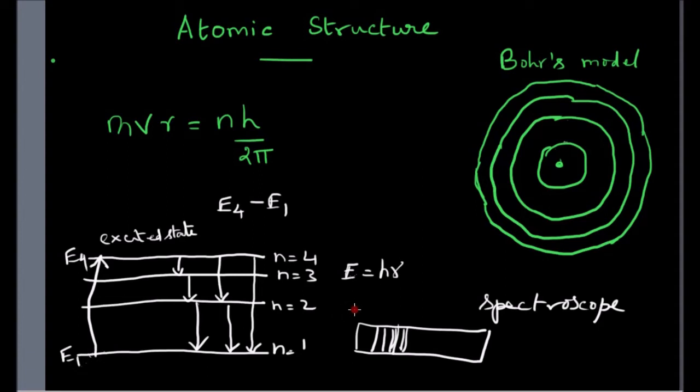This is what is used for detecting elements even when they are present in very trace amounts in minerals. For Bohr's model, this emission spectrum was a great evidence. He could determine the radii of the different orbits, and also he could determine the energies of the electrons in various orbits.